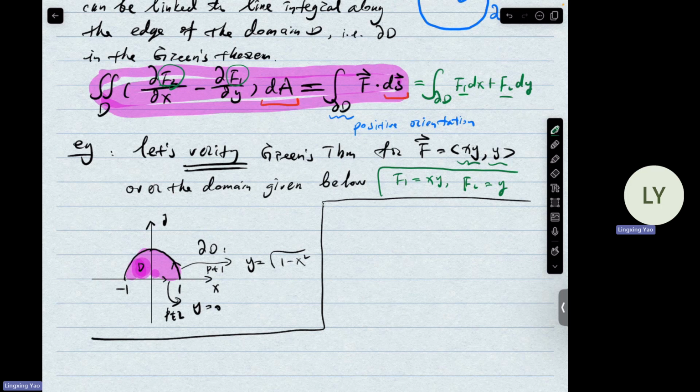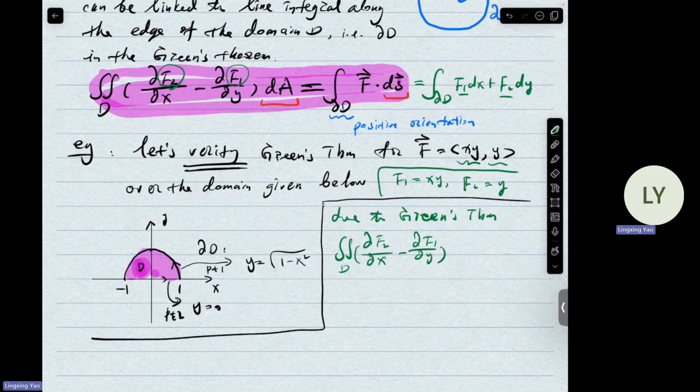This is our vector field. According to Green's theorem, we have a double integral over the domain D of partial F2 partial x minus partial F1 partial y.